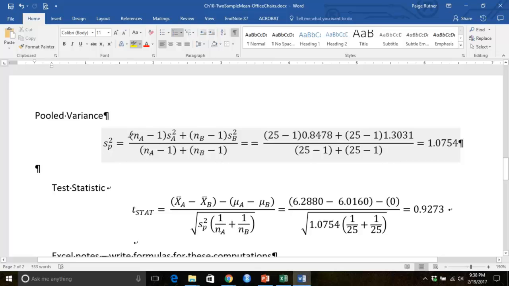This parenthetical term that starts out this pooled variance function, sample size for A minus 1, that's actually equivalent to the degrees of freedom just for sample 1. And then this parenthetical term, sample size minus 1 for B, is equivalent to the degrees of freedom just for that term.